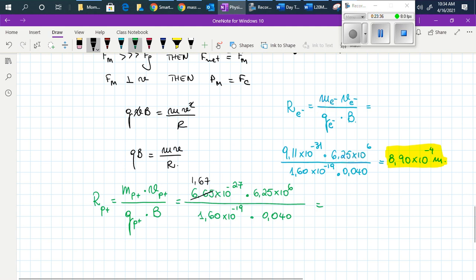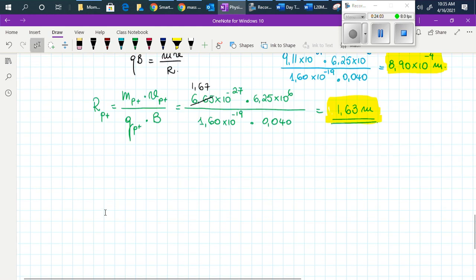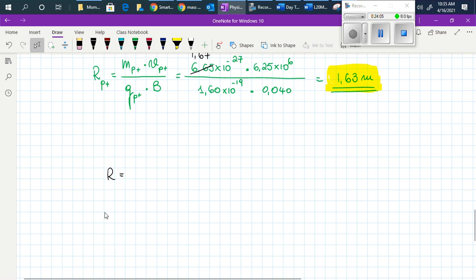And then the radius of the proton when we enter it is 1.63 meters. Okay, so you see now the difference in the radius of the two particles entering a magnetic field with the same speed, just the mass is changing. Because see, the radius is mv over qB.